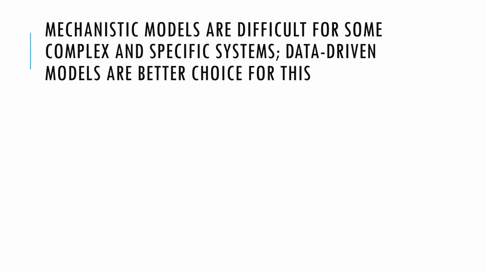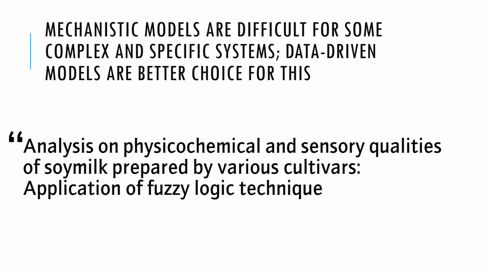So mechanistic models are simply difficult for some complex and specific systems. And for these, data-driven models would be a better choice. Here's an example I happened to pick very randomly from research literature.